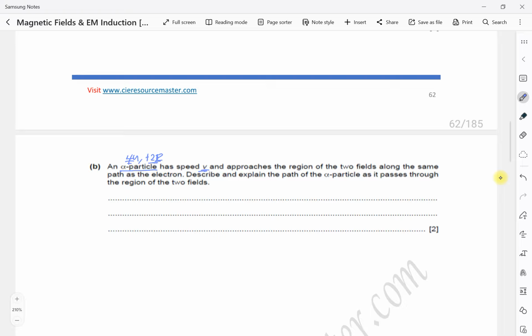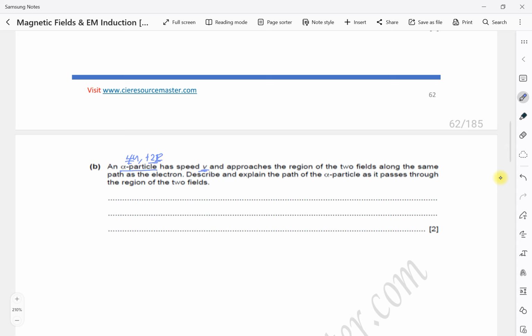And I've said, because the force due to the electric field and the force due to the magnetic field are both doubled, it means that E, B, and V have not changed. Note that the alpha particle and electron differ in mass, but mass plays no role in determining the path. Here, the charge of an alpha particle is twice the charge of an electron.